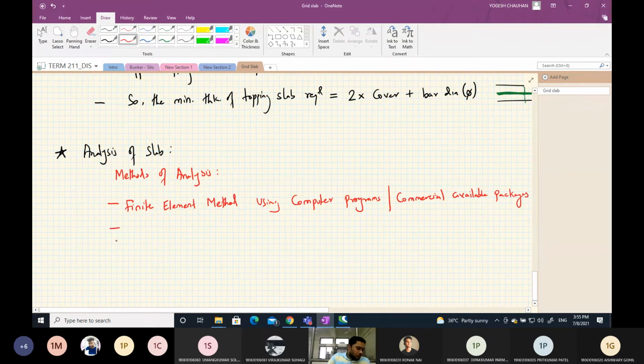Then the plate theories can be used. Using plate theory, for manual calculation, you can use plate theory.